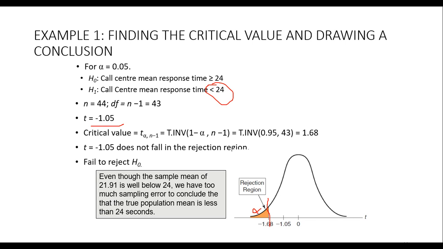The sample mean, I'll show you, came out to be 21.91. From the sample, it looks like our response time is less than 24 seconds. But when we did this hypothesis testing, we figured out we cannot reject the claim that the call center mean response time is more than 24.